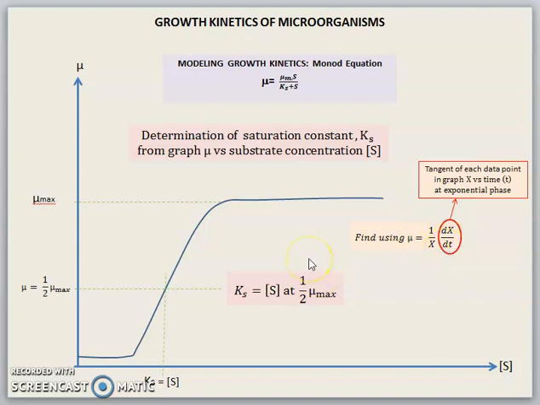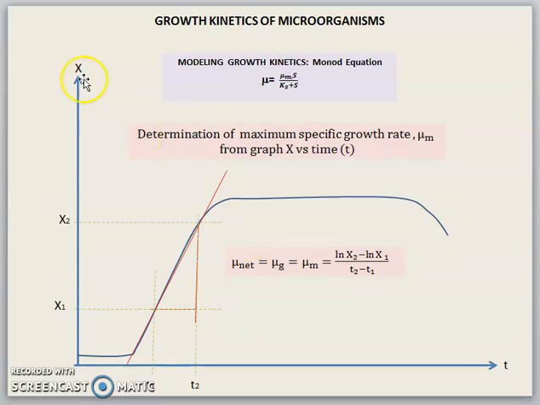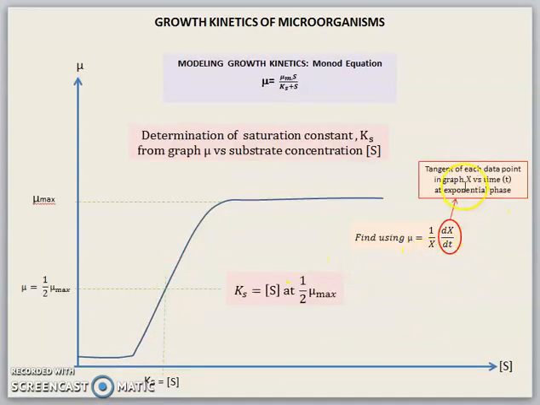To find the mu value, you have to use this equation, mu equals 1 over x dx/dt. So class, from the previous x versus t graph, you have to identify the tangent of each plot, which is represented by dx/dt, the tangent of each data point in the graph of x versus time at the exponential phase. Then you multiply with 1 over x, then you will have the value of mu for each of the data points.